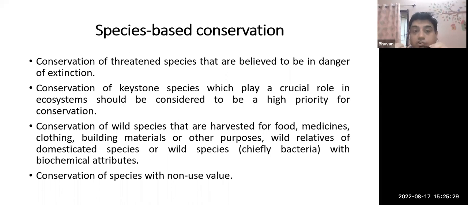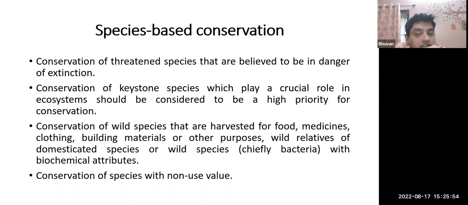So we can focus on the conservation of these keystone species, and by conservation of them, the entire ecosystem can be conserved. Then we have conservation of the wild species, which are important for the purpose of food, fiber, building material, or other kinds of biological attributes which are associated with them.